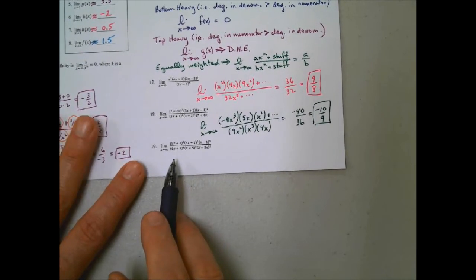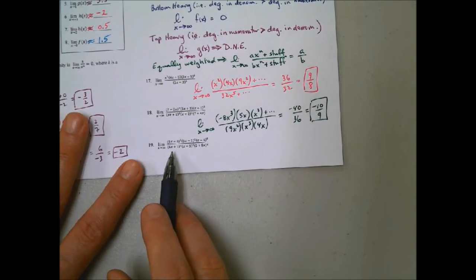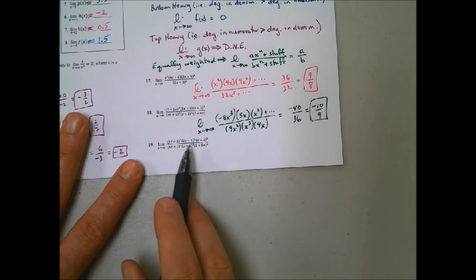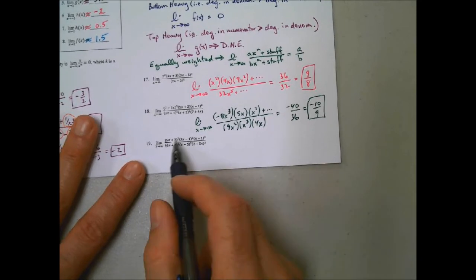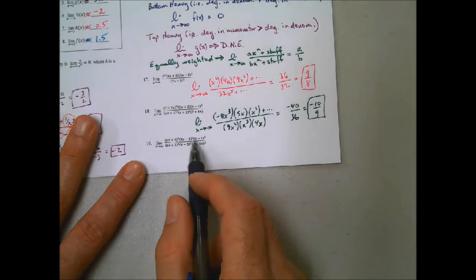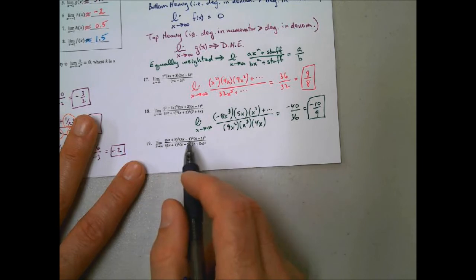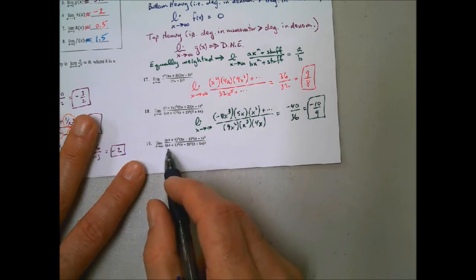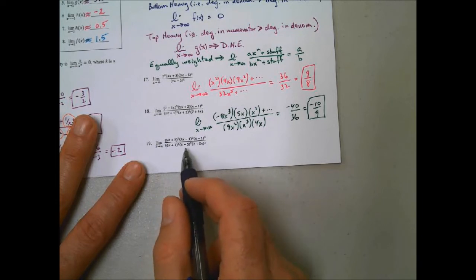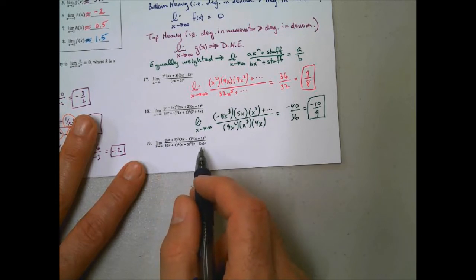Number 19. First off, let's check the degrees since it's in factored form anyway. That would be x squared times x squared times x to the fifth. So that's x to the 9th on top. And on the bottom, I've got x to the 4th times x squared times x squared.